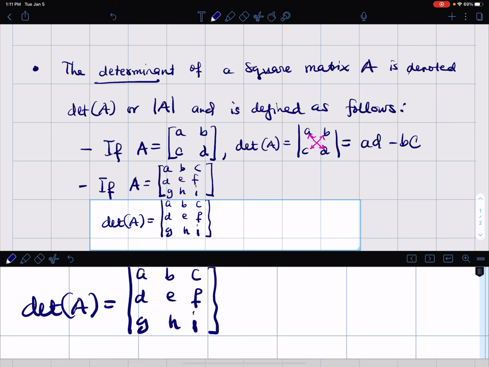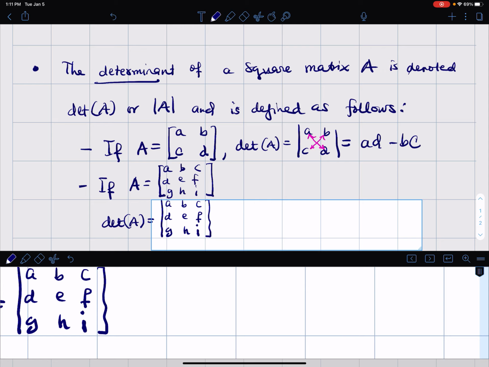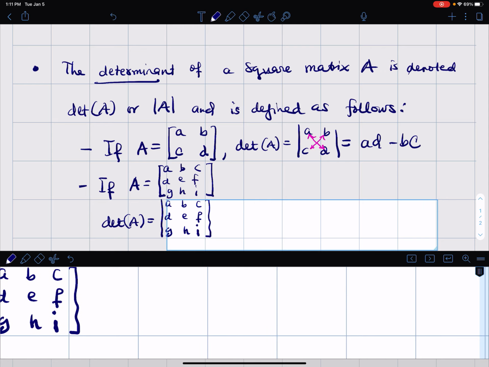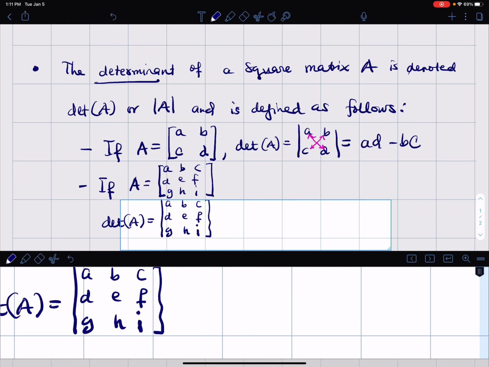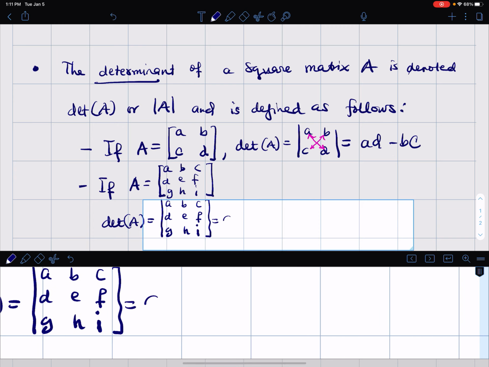Here i is just a scalar. It's not a complex number, not the imaginary number. So now look, I'm going to write a times the determinant of e, f, h, i.